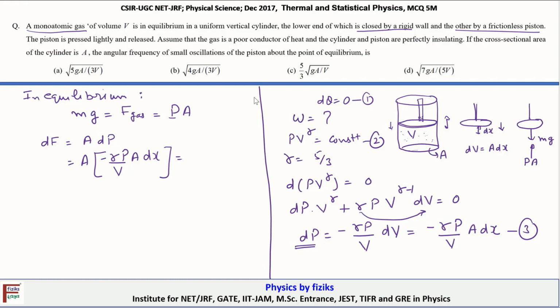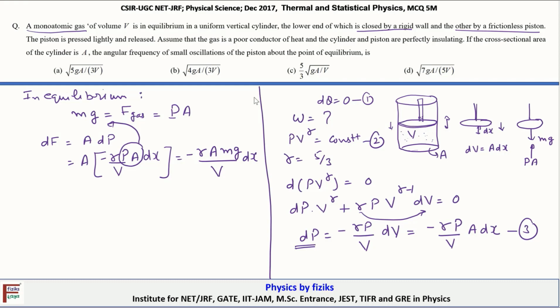After rearranging all these terms, this is minus gamma A mg, because p into A, I am replacing this p into A with mg from here, gamma A mg divided by V and dx. Okay, now from this equation we can obtain the final result.